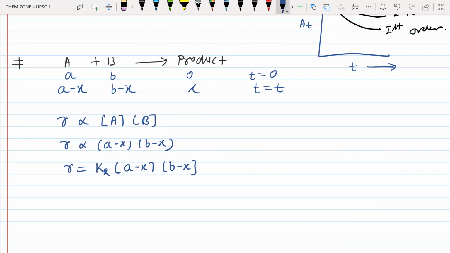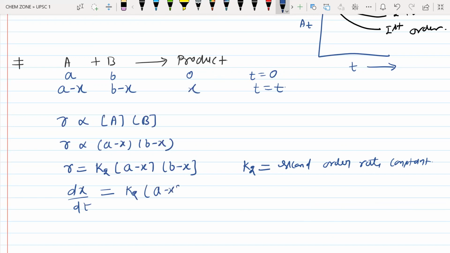In place of the proportionality sign, we get a new constant known as the second order rate constant. Now, rate of reaction can be given as dx by dt, where x is the concentration of product at any instant t.